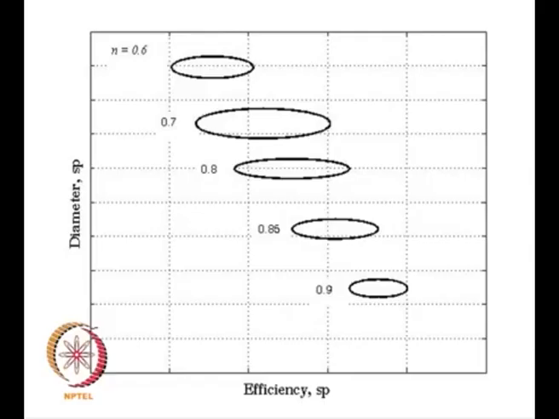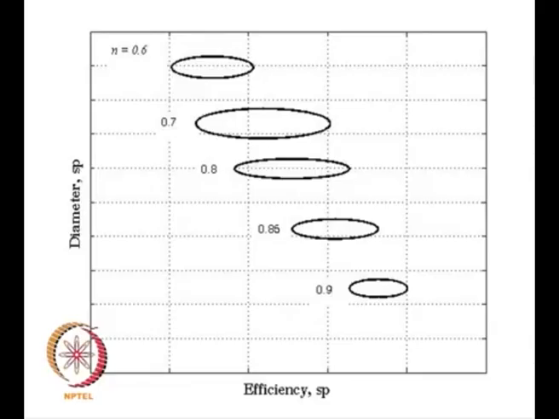Now if you want to have high efficiencies, you need to be in this region, right, which means that your impeller diameter needs to be very small, and also your rotational speeds need to be very large.